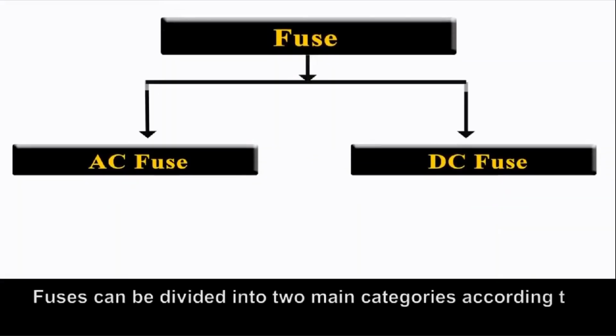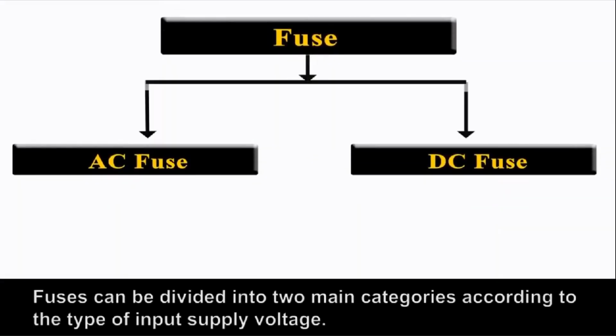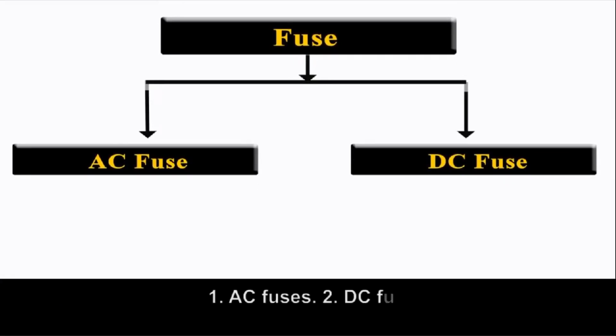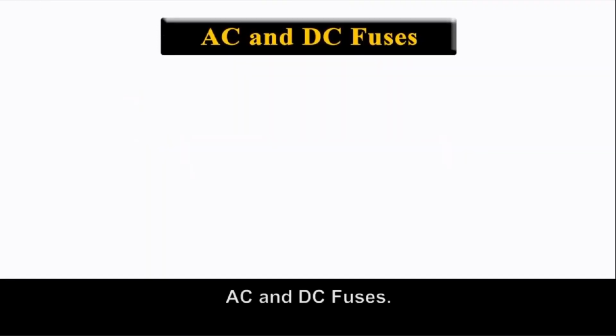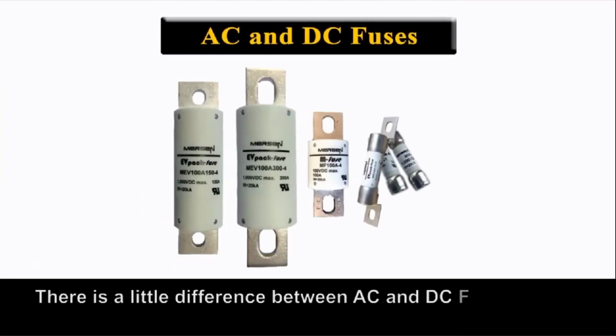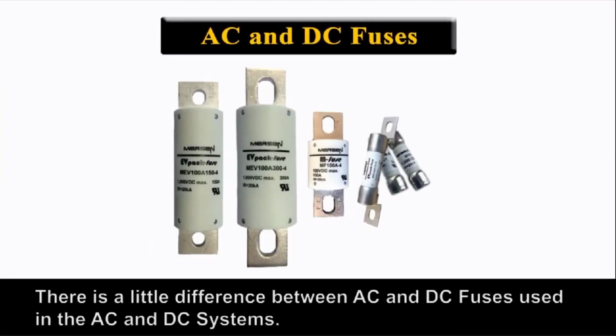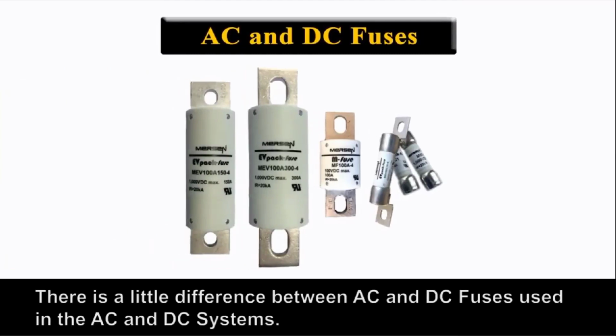Fuses can be divided into two main categories according to the type of input supply voltage. Number 1, AC fuses. Number 2, DC fuses. There is a little difference between the fuses used in AC and DC systems.